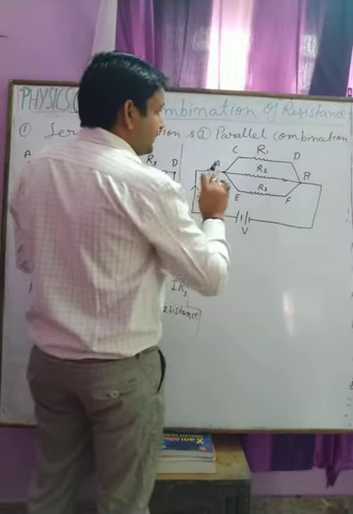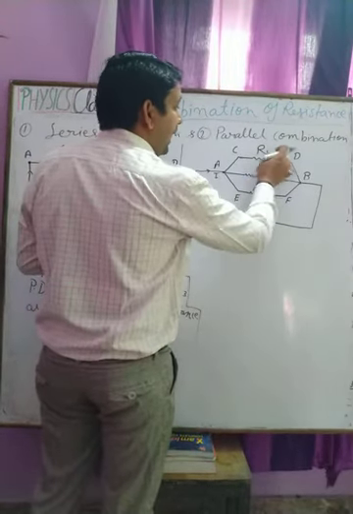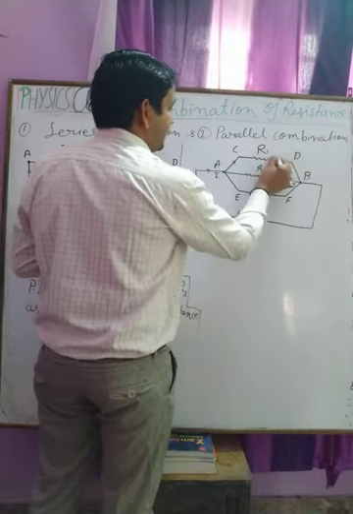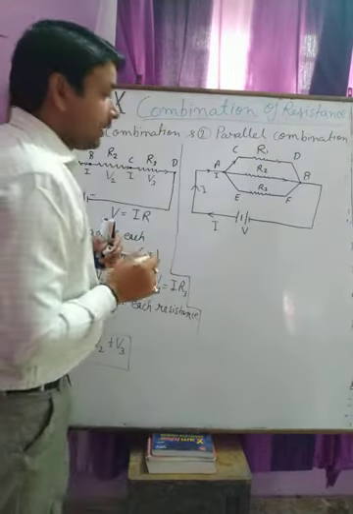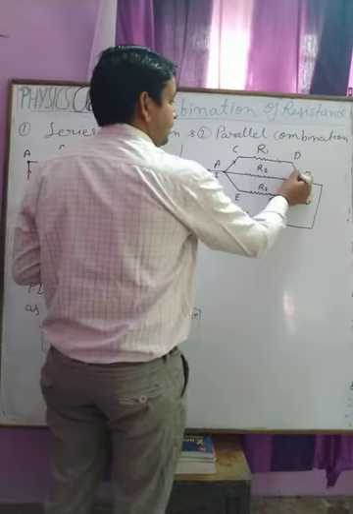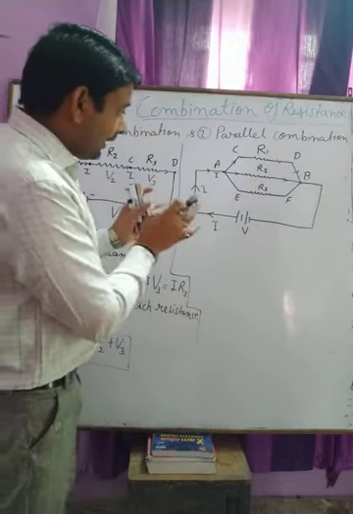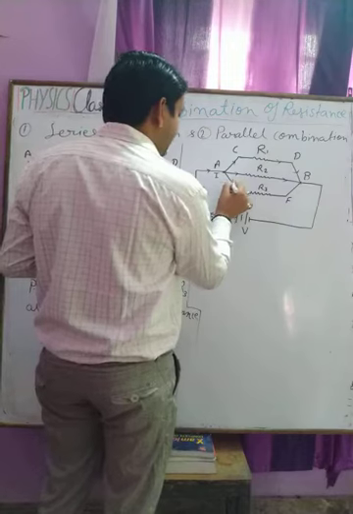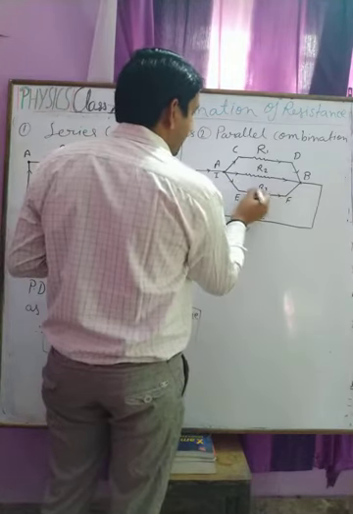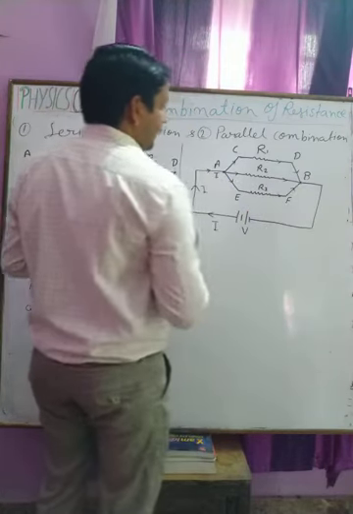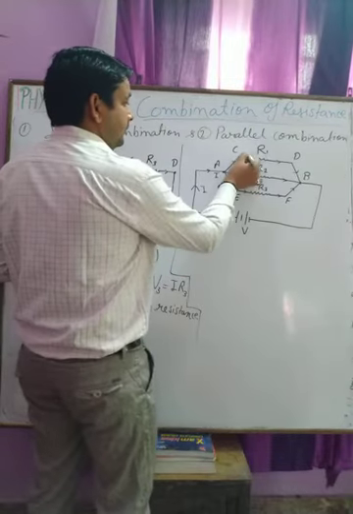And if the current is moving through R1, then it can go this way. Okay. And if the current is moving through R3, it can also move through R3. Clear student?